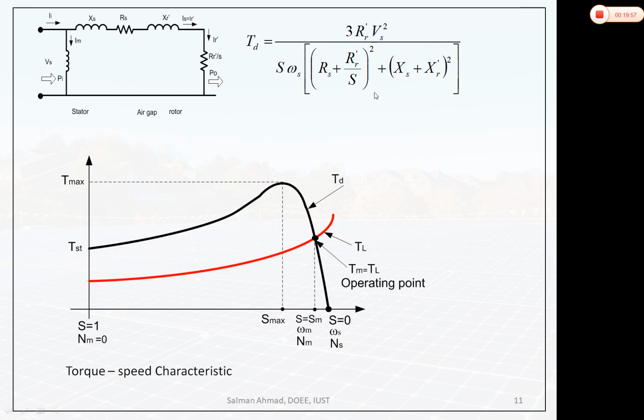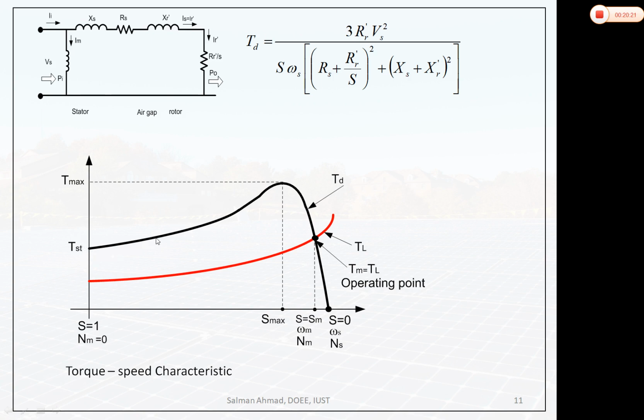So now we can plot the speed torque characteristic, or slip torque characteristic. From this expression you can see that at s equal to 1, or when the speed is 0, that is called the starting torque of the motor.